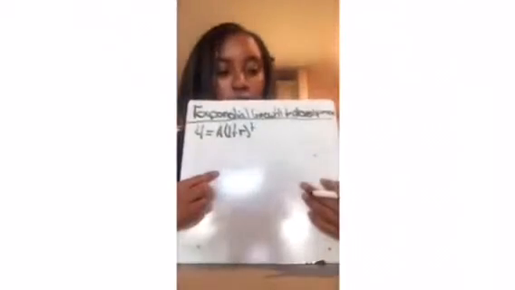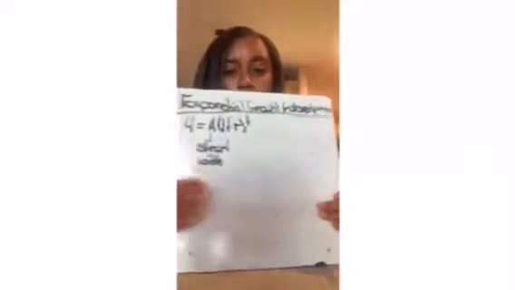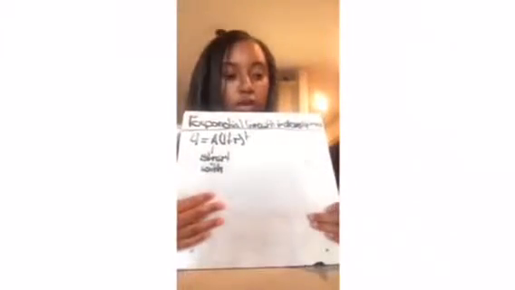Okay, so the first thing you want to do with exponential growth and decay is understand what each thing means. A equals the amount that you start with, the initial amount.